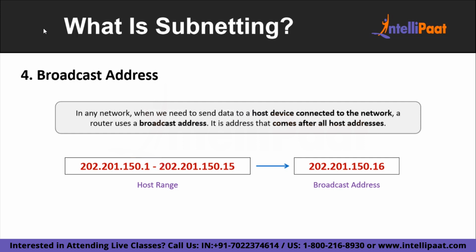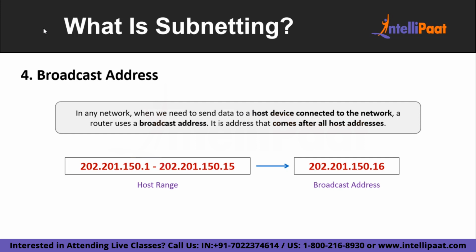Moreover, there is only one source in broadcasting, and other host devices are the destinations. Next, we can simply replace the last bit of a network address, and that would turn into a broadcast address. Therefore, we can determine the broadcast address of any network using the subnet mask and IP address of that network.